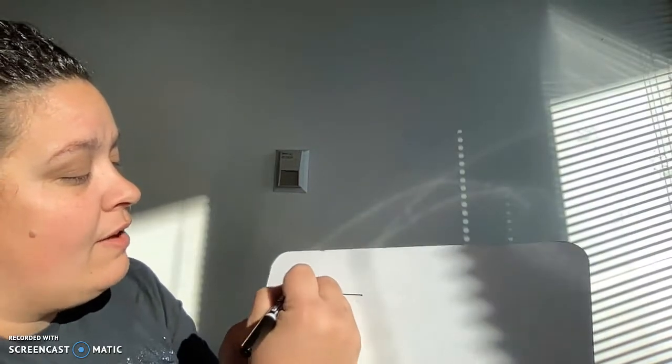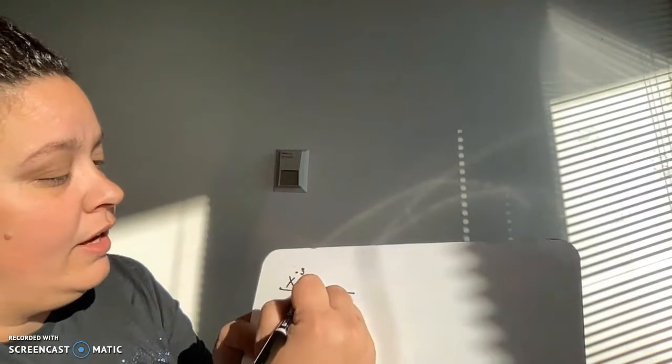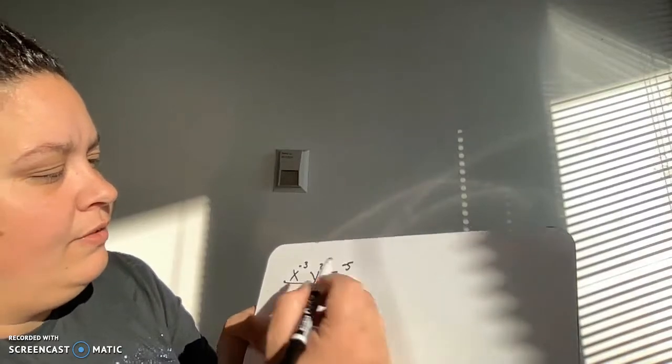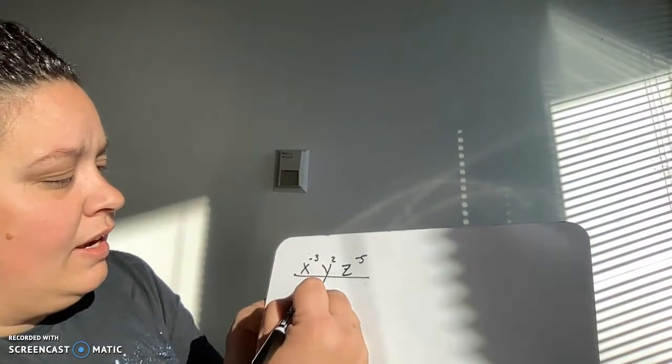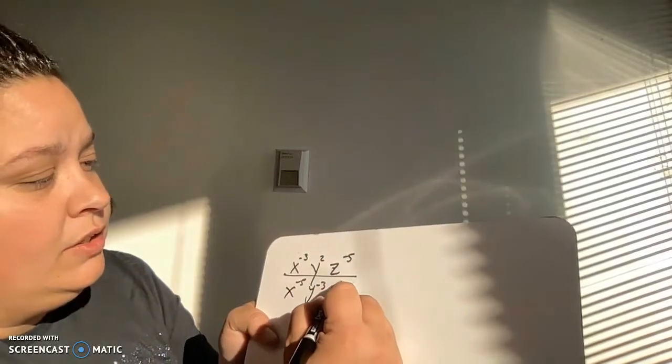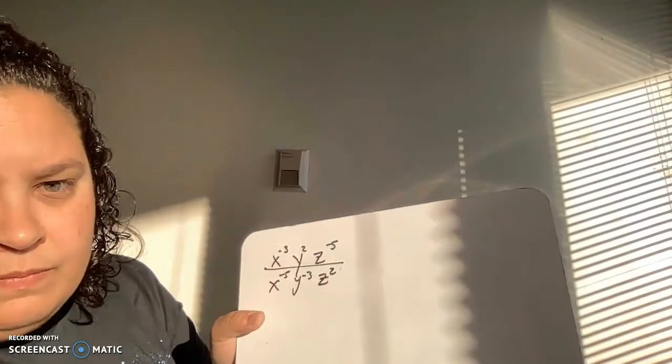Let's see. The next ones, again, negatives. I cannot have any negatives in my answer. So if I have a problem that has like negative 3x and a y squared and z to the negative 5 and an x to the negative 5th, a y to the negative 3, and a z to the 2nd, right?